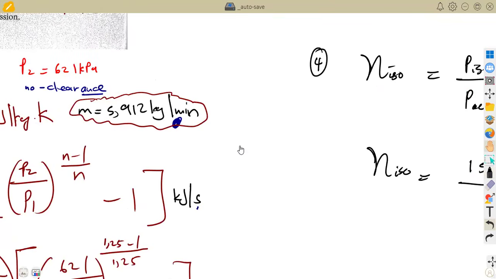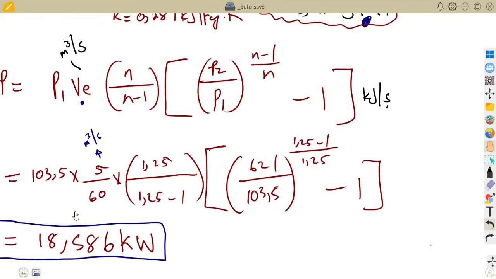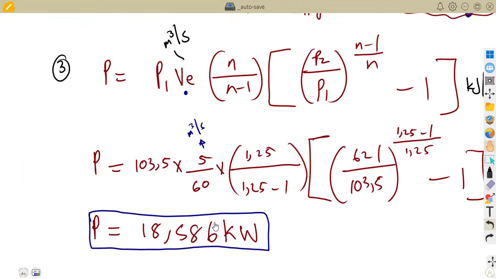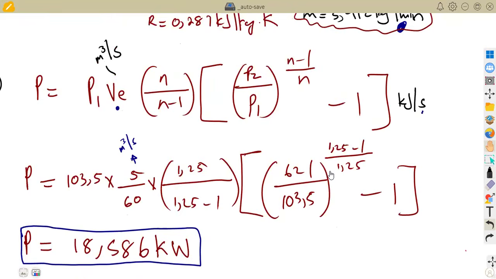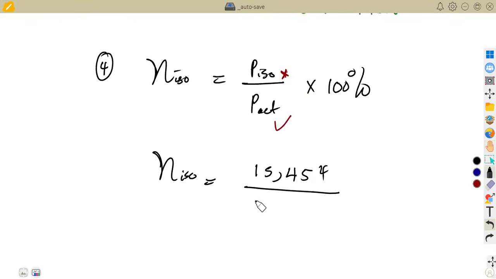So the formula for the actual power, you're also given in the formula sheet. You see it is the same formula, this one that we used for calculating our normal power as usual. So that's 18,586. So that's it. We're done.